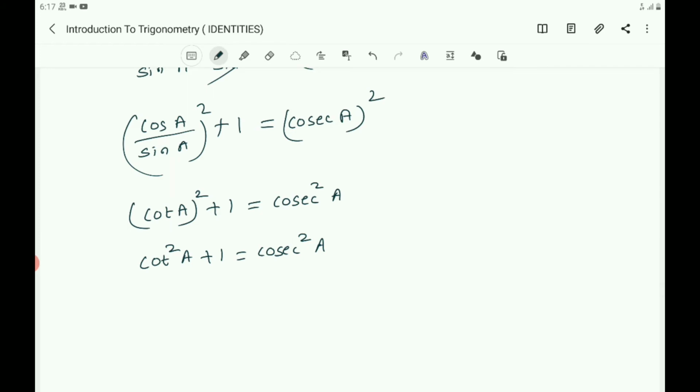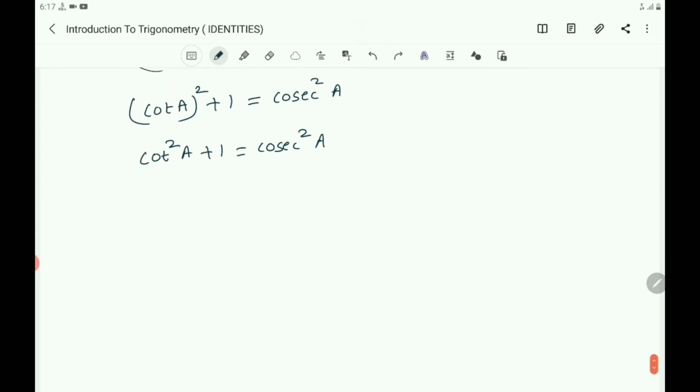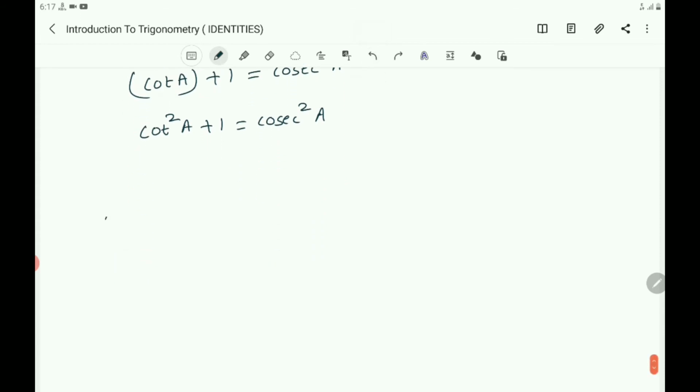Again, by using the first identity, cos square a plus sin square a equals 1, you got the third identity, that is cot square a plus 1 equals cosec square a. In this way, you got three identities. First one is cos square a plus sin square a equals 1.